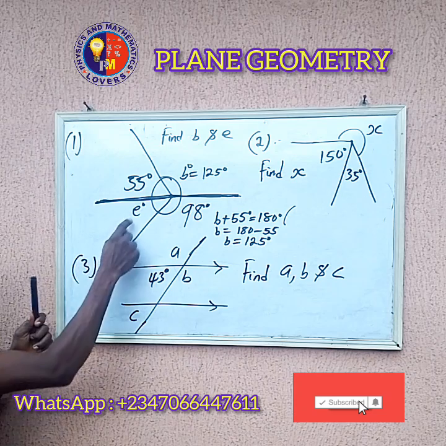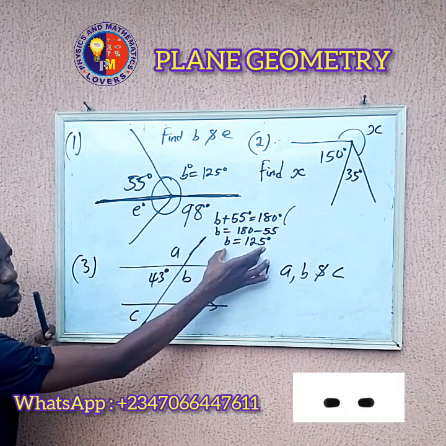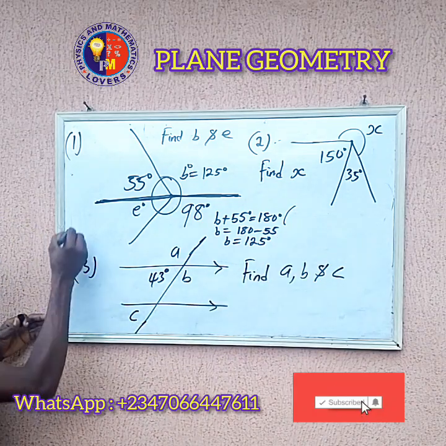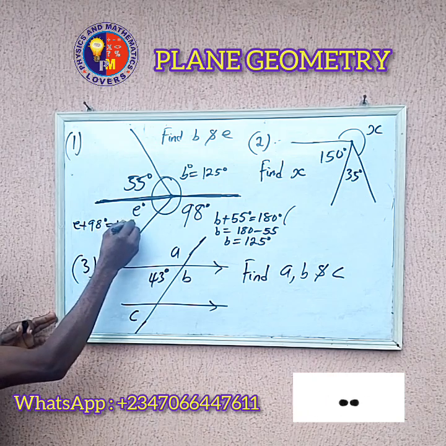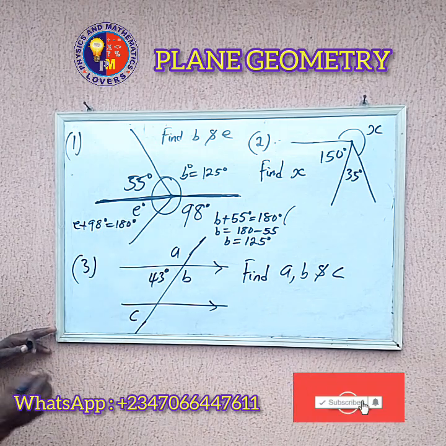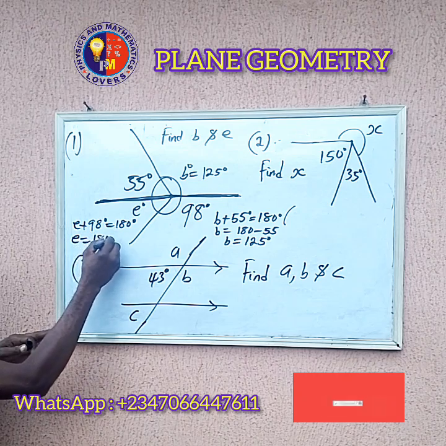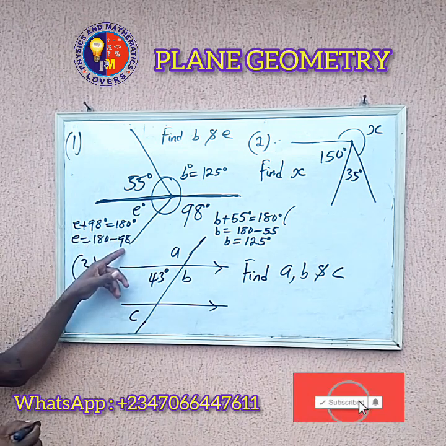So which means E plus 98 will also give me 180 degrees. In stating that, I'm going to put in brackets, reason, which means E plus 98 equals 180 degrees. So in that case, we then say E equals 180 degrees minus 98. This 98 is an obtuse angle.